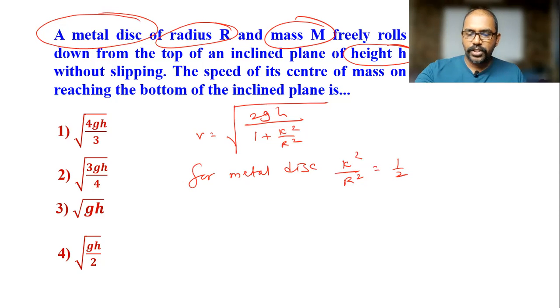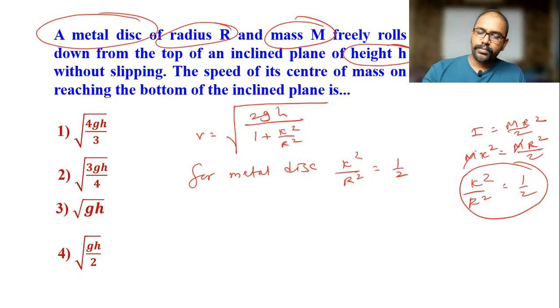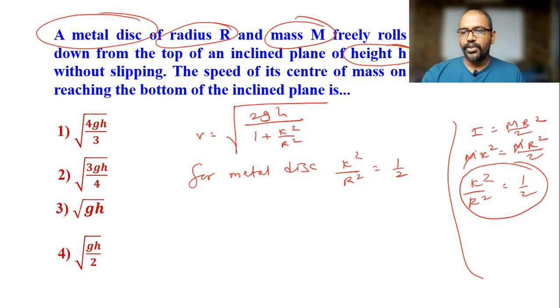So I hope you understood. The moment of inertia for the disc is mr square by 2. So I can write m k square is m r square by 2 for the disc. So mass gets cancelled. So k square by r square is 1 by 2. So if you know the moment of inertia, you can write k square by r square for any object. So for the disc, it is 1 by 2.